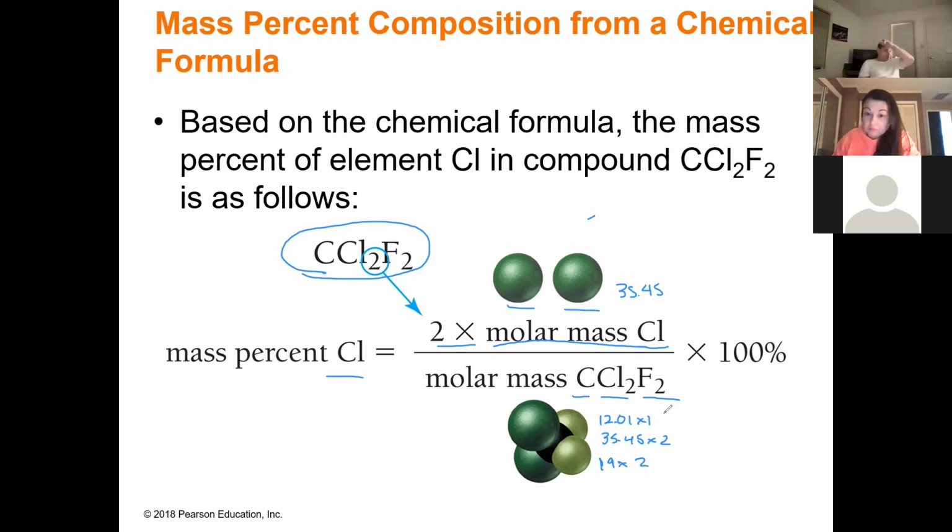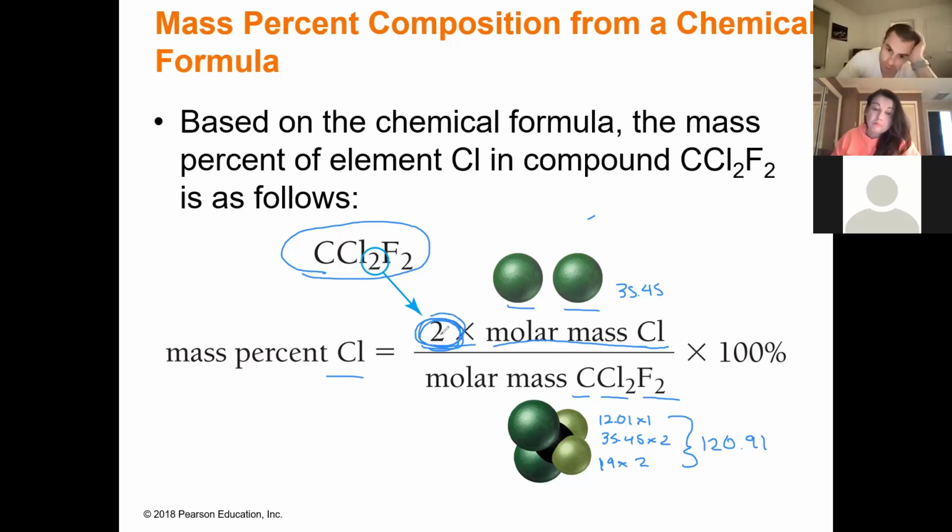So the total overall mass on this thing should be 12.01 plus 35.45 times 2 plus 19 times 2, which is 120.91 roughly.